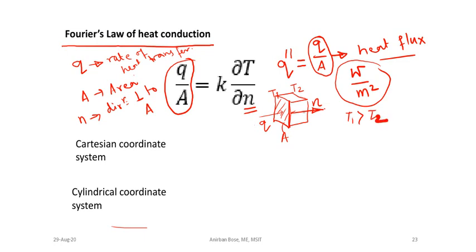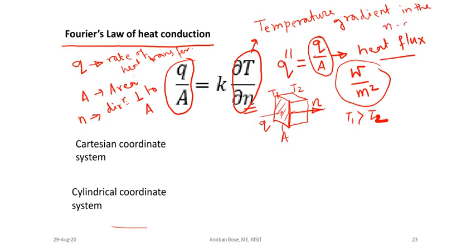So this quantity del T del n is called the temperature gradient in the n direction, and finally this k is a material property called thermal conductivity.